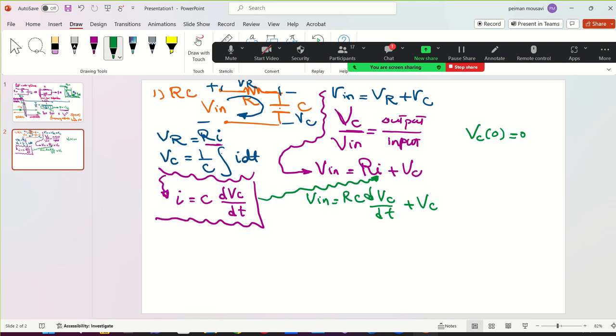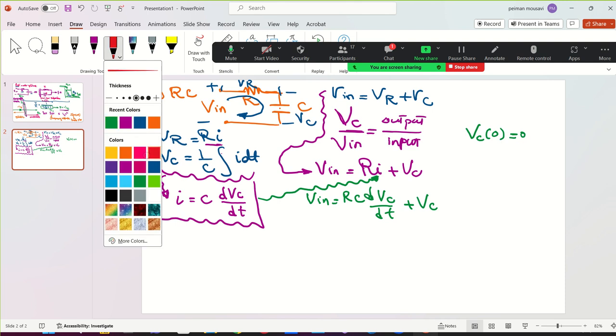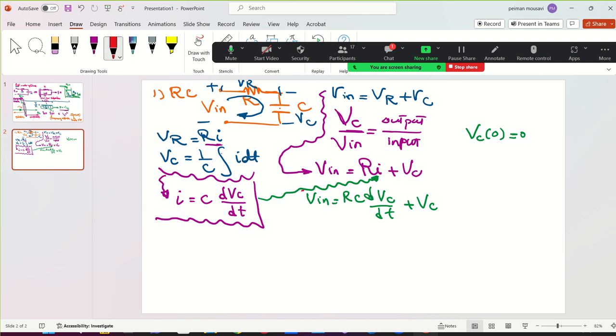Right? So now what I'm going to do, I'm going to go to frequency domain. How? You tell me. How? To frequency domain, this is time domain, t. How? Laplace. So you're going to have Vin in s. I told you, Laplace of time derivative, df over dt is s F of s minus F at 0, initial condition.